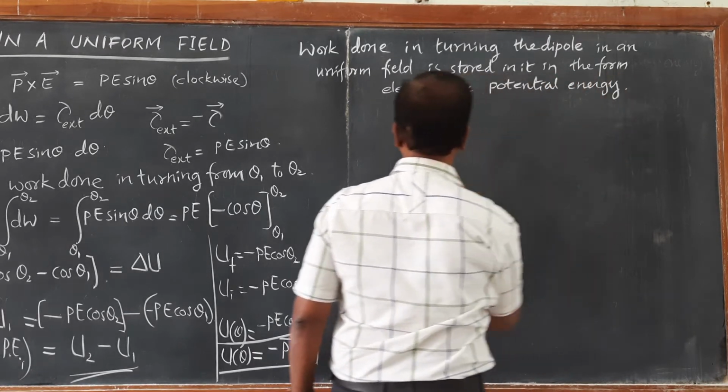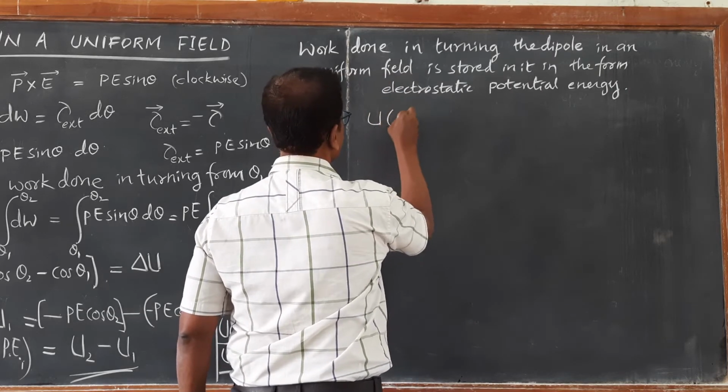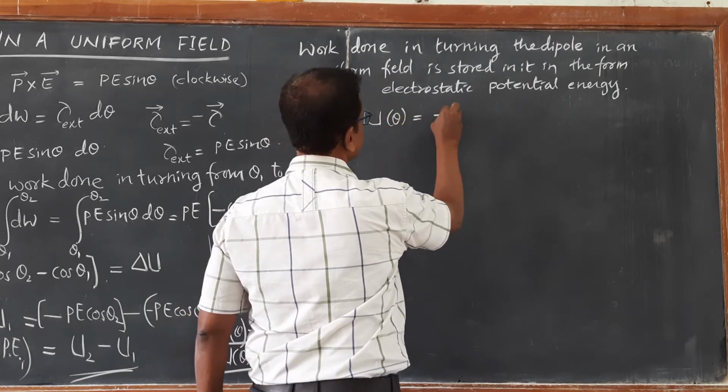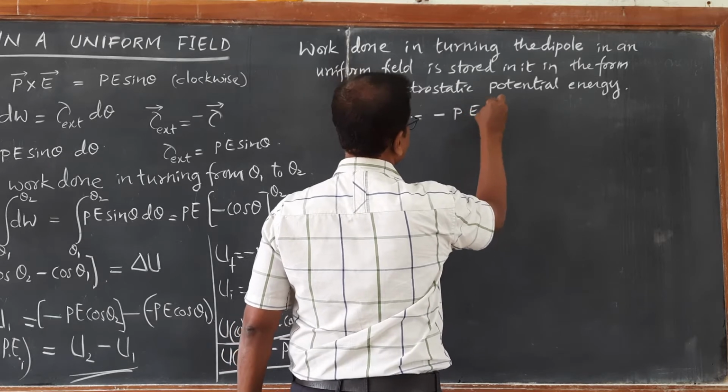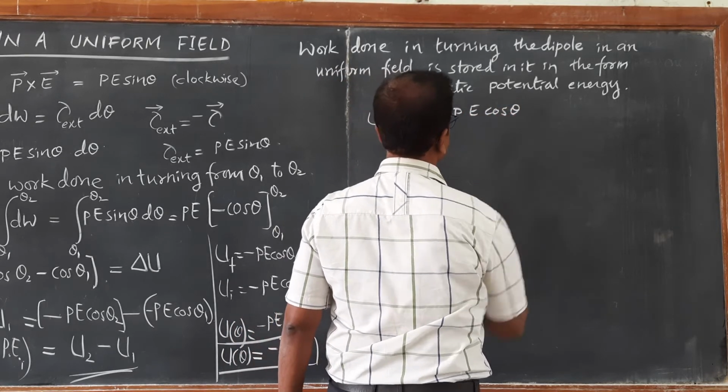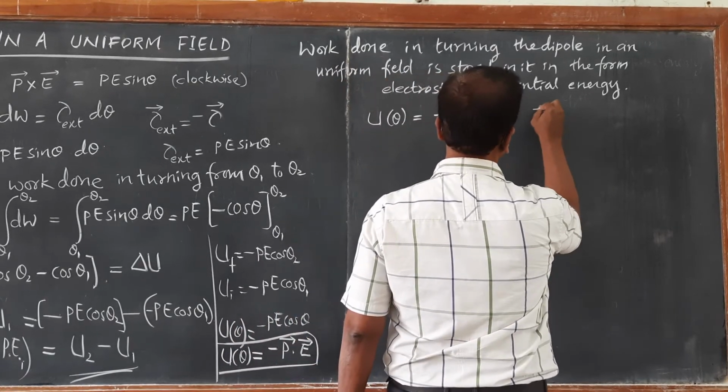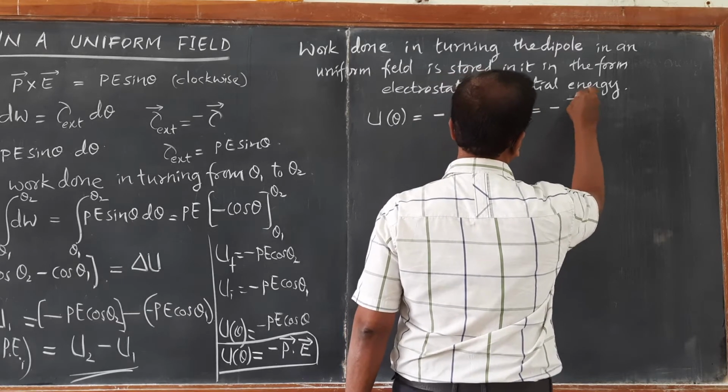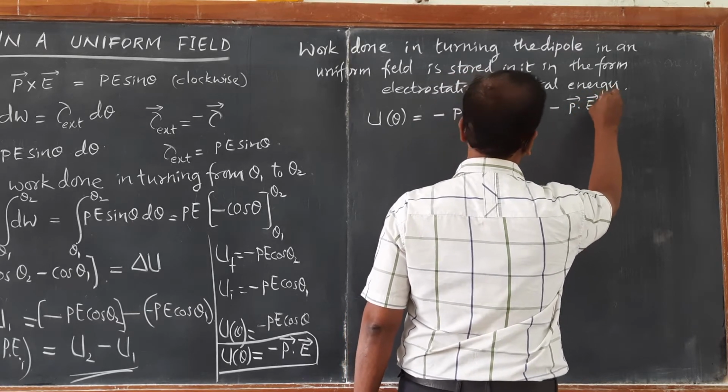So, in general I can write electrostatic potential energy at any angle theta as equal to minus PE cos theta, which is also written as minus P dot E, right.